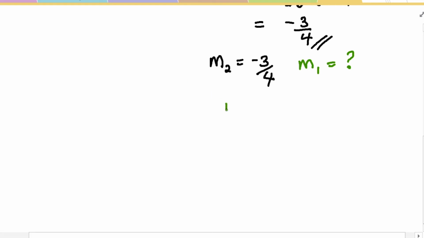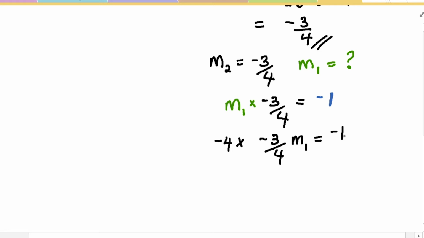In other words, the gradient of the green line multiplied by the gradient of the black line should give you -1. So we're trying to find the gradient of M1. Let's say -3 over 4 times M1 is giving us -1.